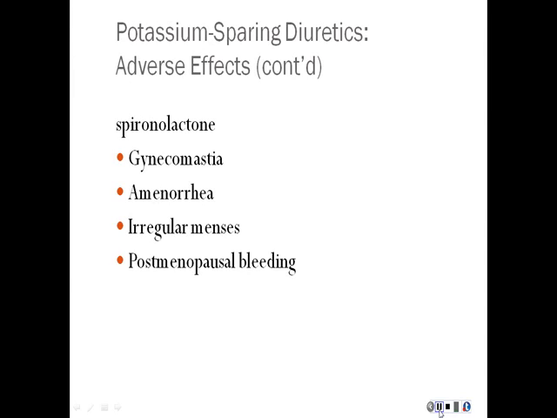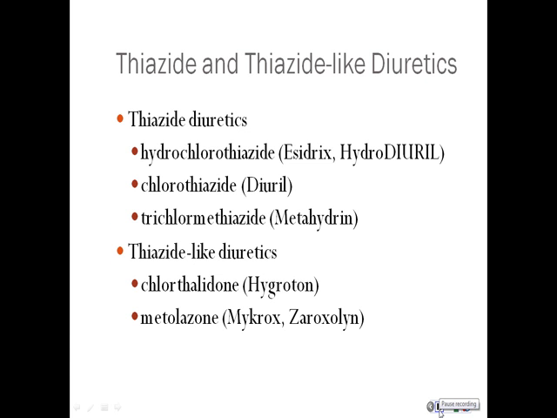And the problem is that it acts by displacing the androgen from the androgen receptors and sexual hormone binding, causing a higher estradiol type of production, which would lead to all of these other types of things. So thiazide and thiazide-like diuretics are considered to work equivalently to each other.